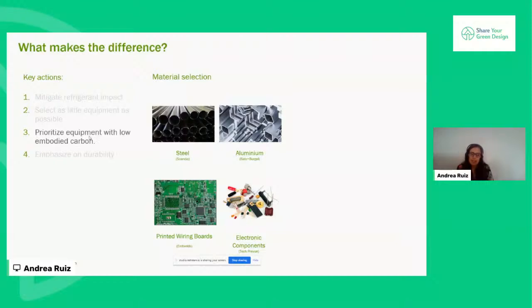CIBSE has guidance in terms of some of these values, and some of the components I'm listing for you here are the highest ones. For example, electronic components and printed wiring boards have a really high impact, although because of their quantities, they might not make such a big difference.